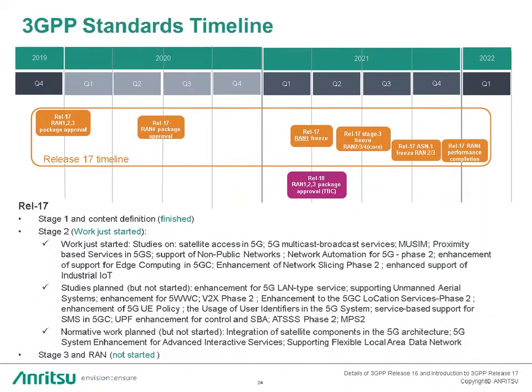Stage 2 work has just started, and this continues all the way in 2020, and then we get to RAN1 freeze in early 2021, eventually finalizing the ASN.1 for Release 17 in Q3 2021.